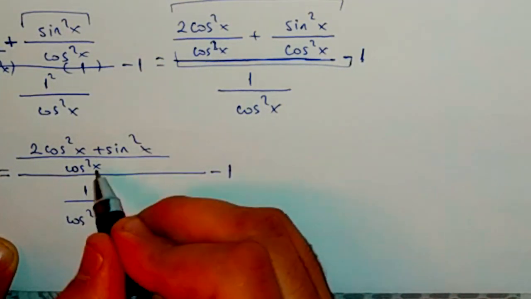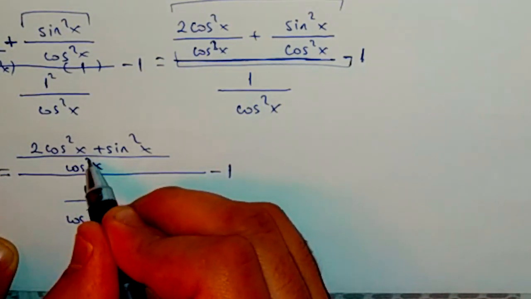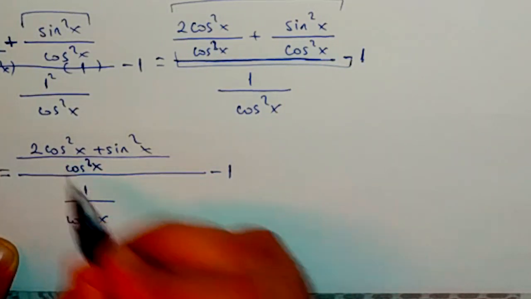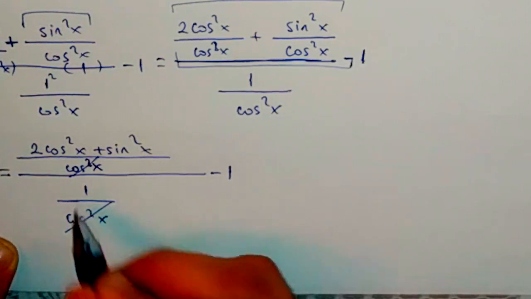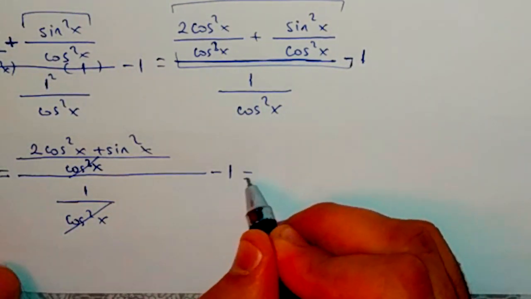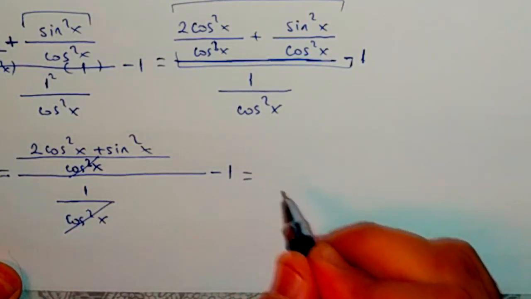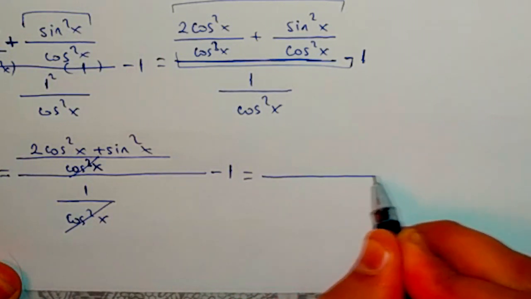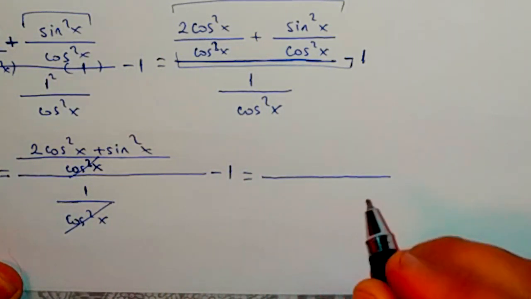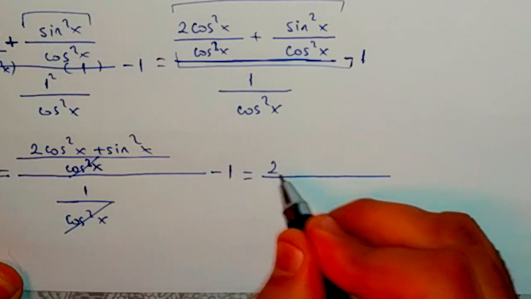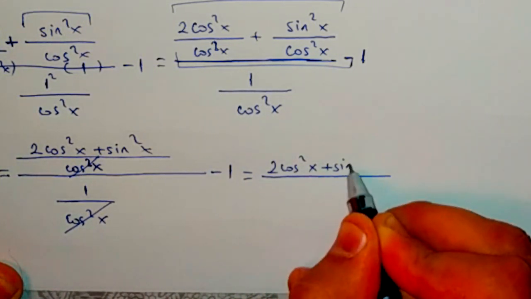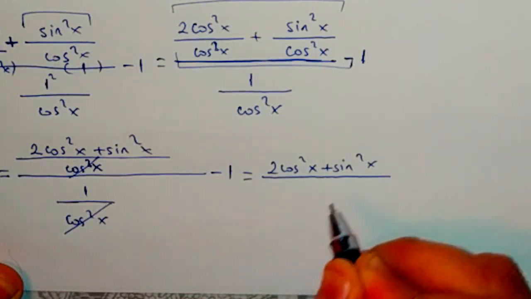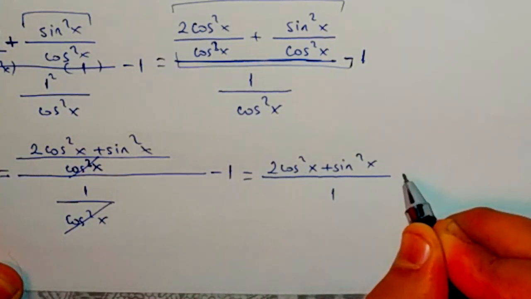We have a cancellation here. Cosine square x can be cancelled by cosine square x, and after simplifying, we will get an expression like this, 2 cosine square x plus sine square x over 1 minus 1.